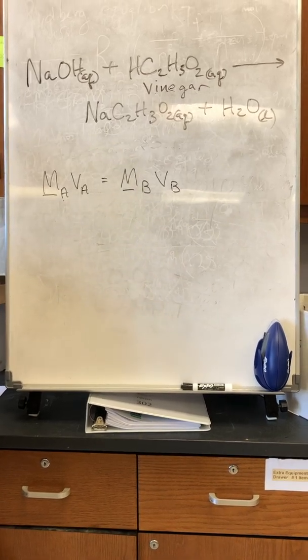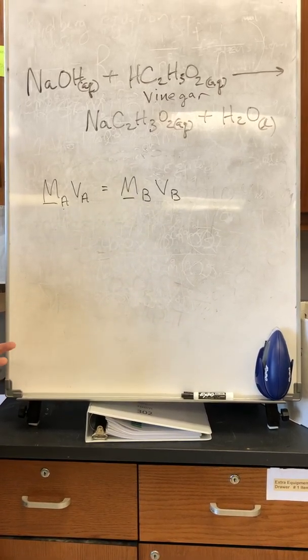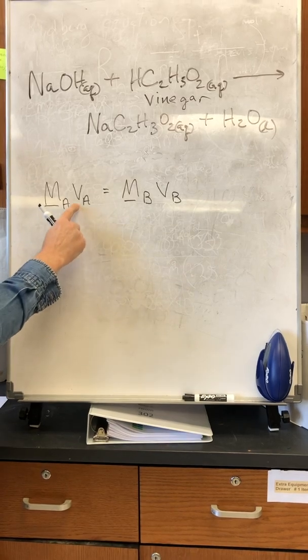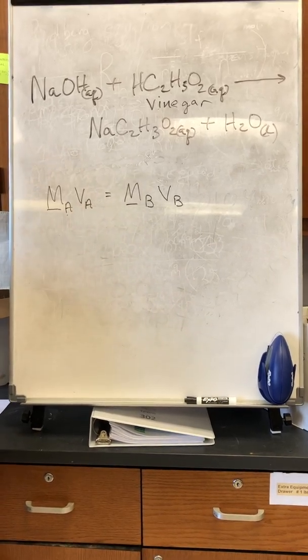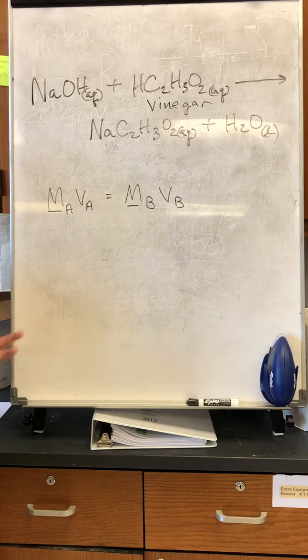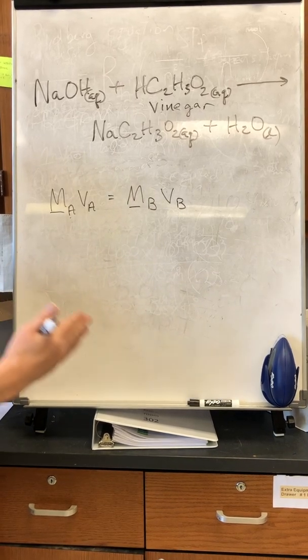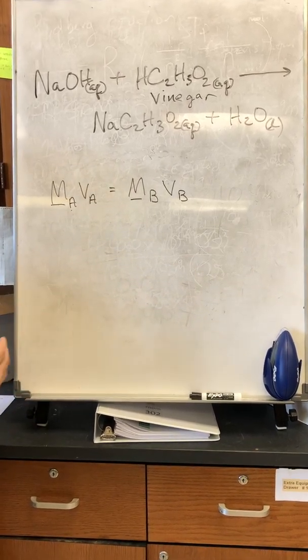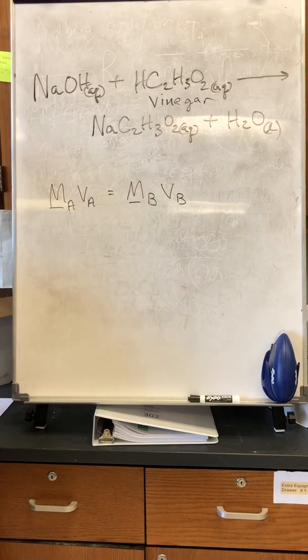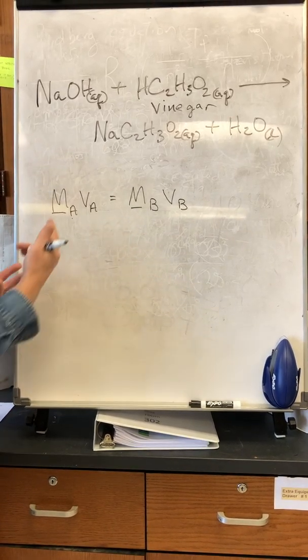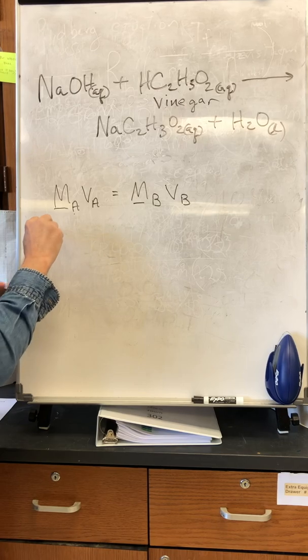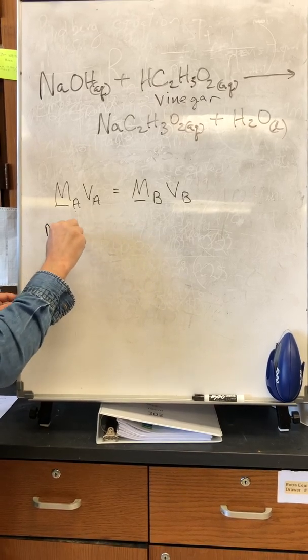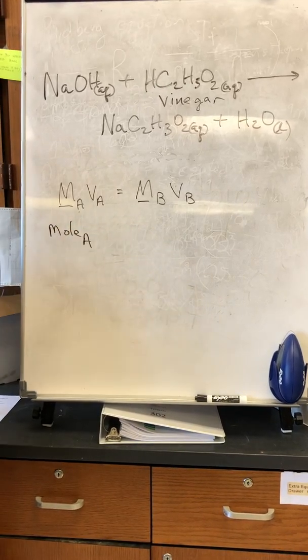Capital M, that's the molarity of the acid, multiplied by the volume of the acid. What's the unit of molarity? Mole per liter. What's the unit of volume? Liter. What do you get if you multiply this times this? In effect, you're going to get the moles of acid present.